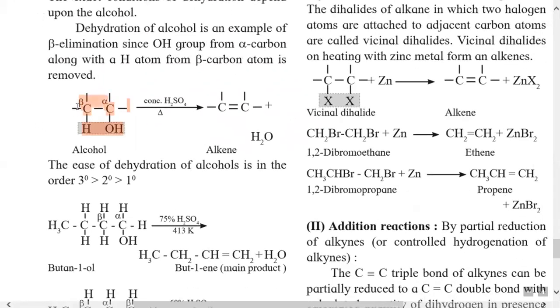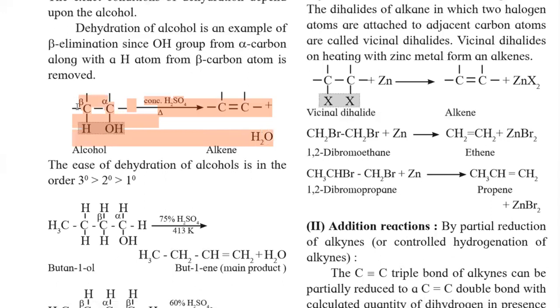Consider this general reaction. This is the alpha and beta carbon atom. Alpha contains the OH group, beta contains the hydrogen atom. Both these carbon atoms are singly bonded, hence they are sp3 hybridized. When heated with concentrated sulfuric acid, removal of H and OH group takes place from the alcohol, giving the side product H2O, and the main product in this reaction is an alkene containing a carbon-carbon double bond.